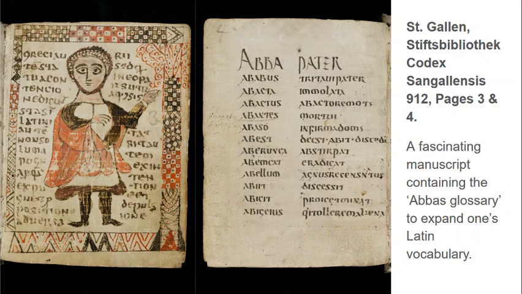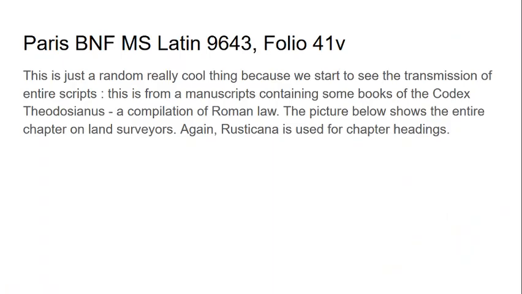On the right hand side of this page, you have standard Latin words written, and then on the left hand side you have words which are Latin sort of, but they come from Greek, and they're much more prestigious words. So instead of saying pater for father, you would say Abba, which is what the Greeks say. A very interesting book, and also quite pretty, worth checking out.